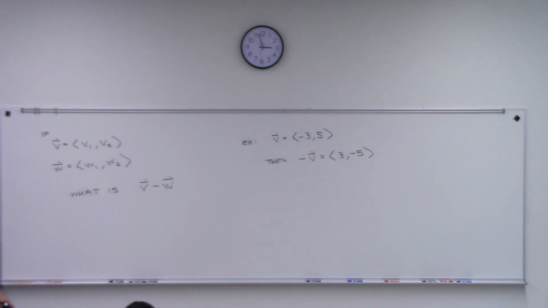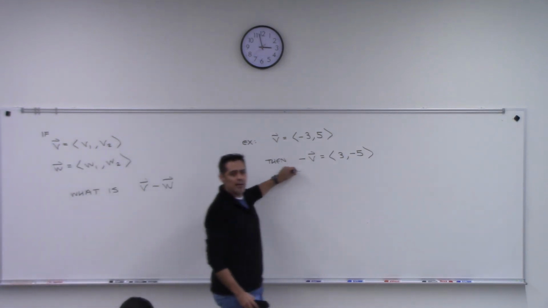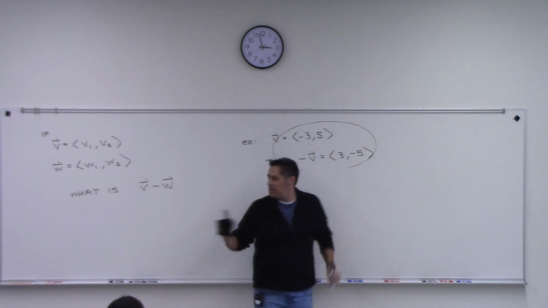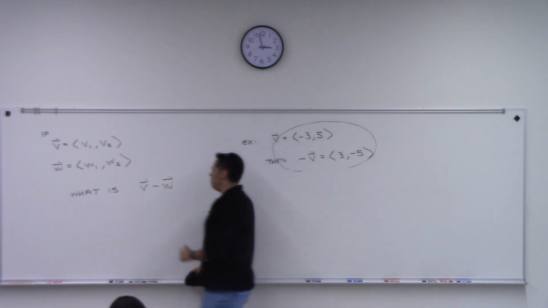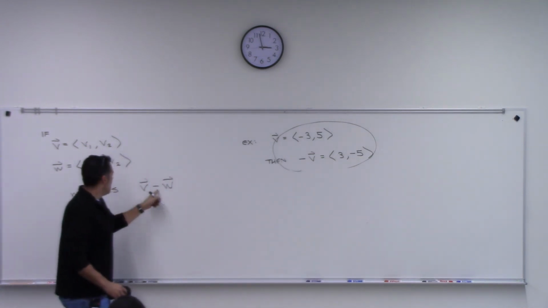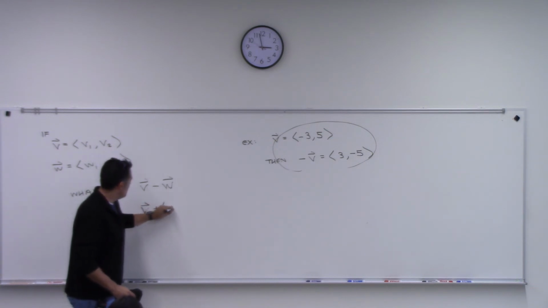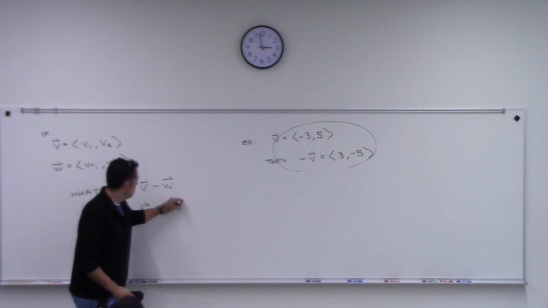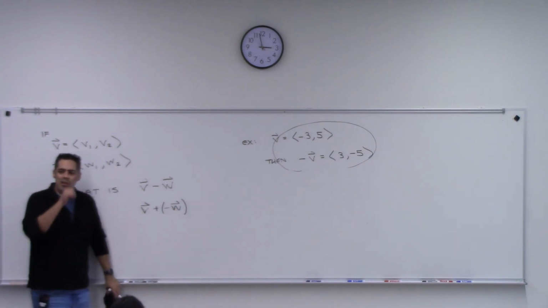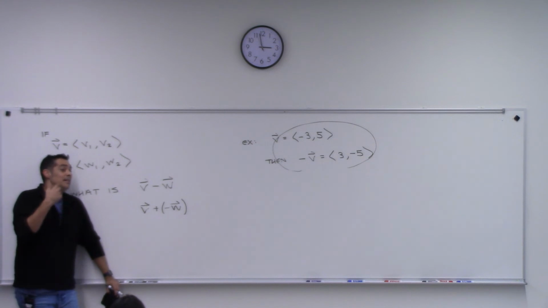So how do we do subtraction? This can be weird, okay? Which is why we just established this property right here, so that I can explain this. Does it make sense to you that this would be the same as doing v, but adding negative w? Don't we always look at subtraction as being addition of the opposite?